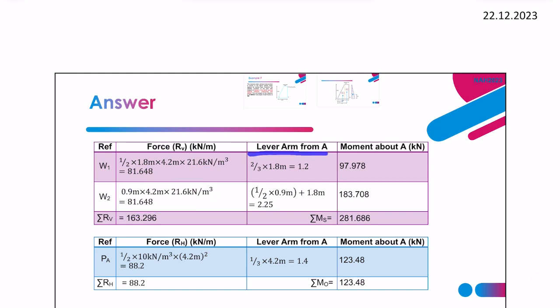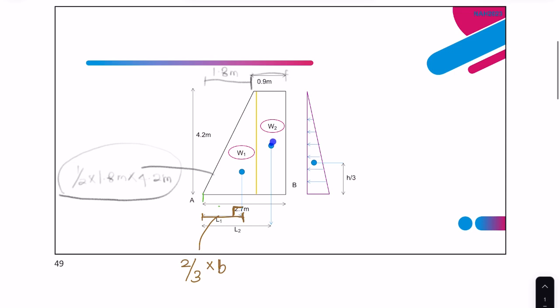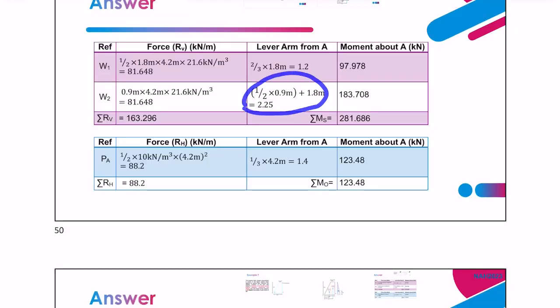Next, get the lever arm from A, from the centroid of W2 to point A, which is the 90 degree distance from the direction of the force. So from this, half of 0.9, and you have to plus another 1.8 meter. You will get 2.25 and get the moment by multiplying 81.648 with 2.25.